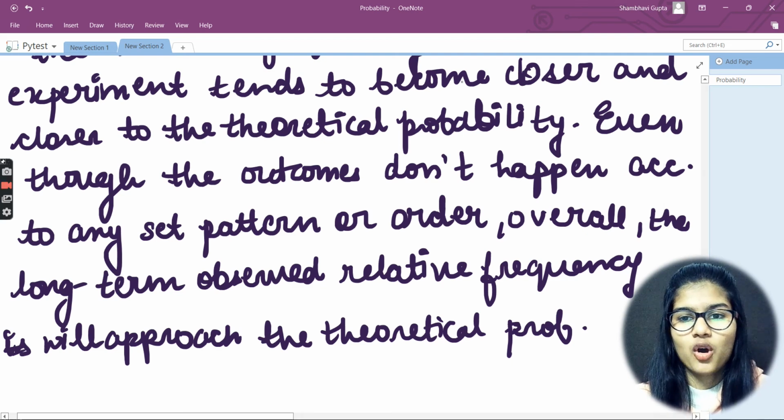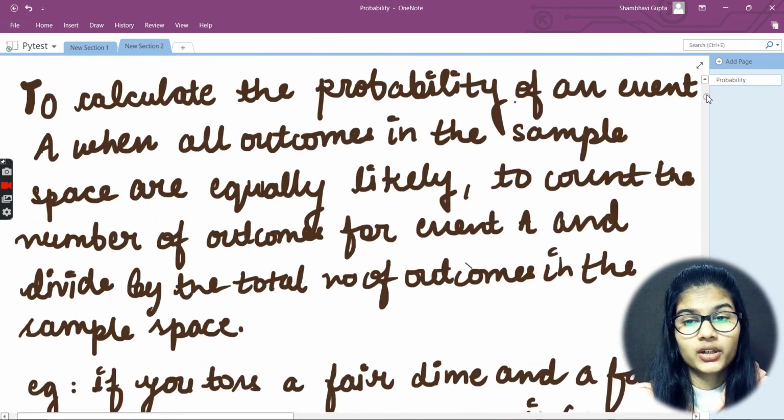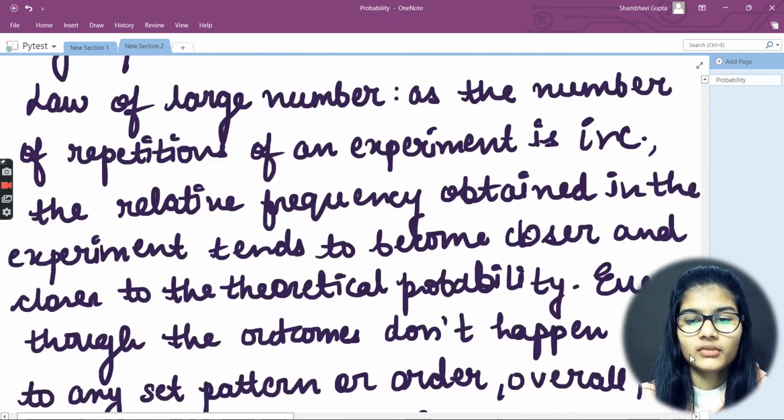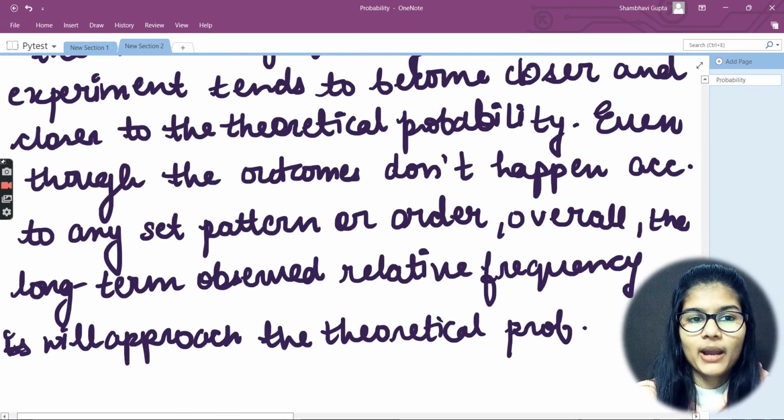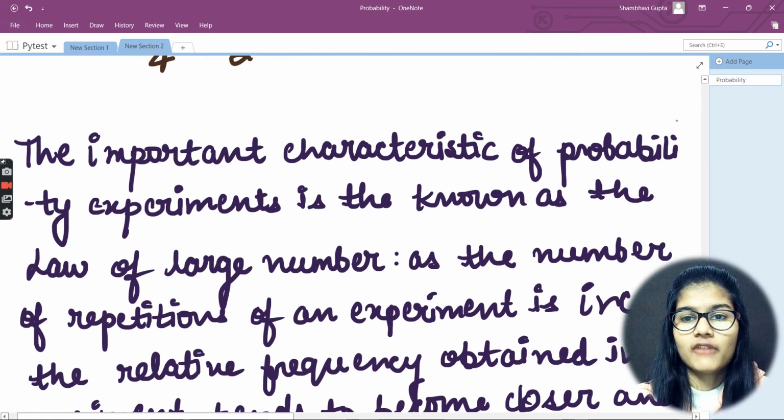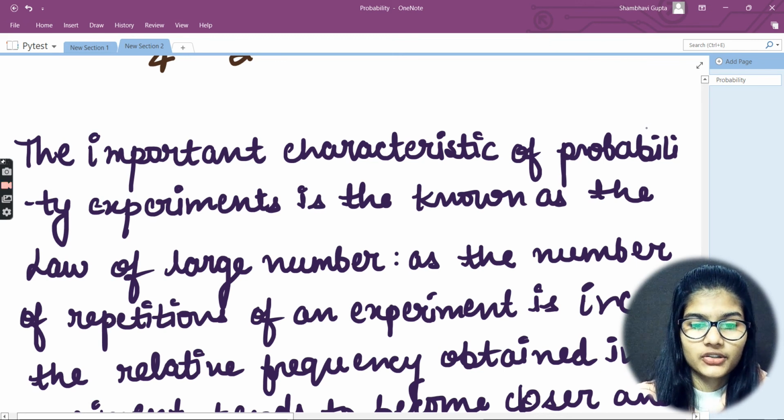This is what the law of large numbers says. Great. I hope I'm pretty clear with this regarding the law of large numbers, and what it actually says.